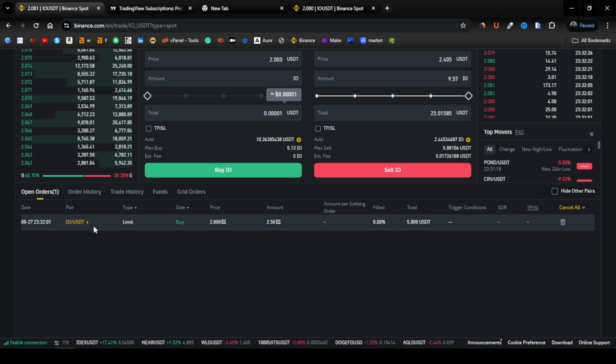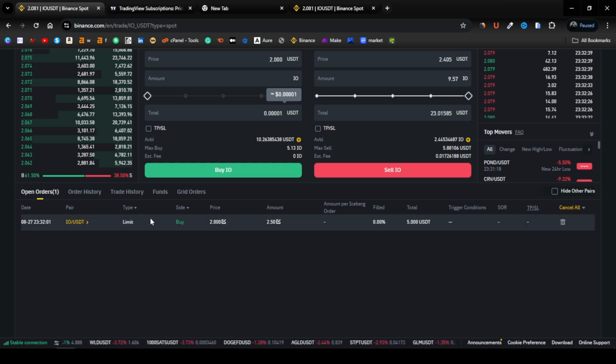So this order is going to stay like this. It's only going to be filled when the price drops to 2 USD. And remember guys, you can always cancel it. Let's say the price is not going there and the market is going up, you can just come here and delete, right? So for now I can even delete it.